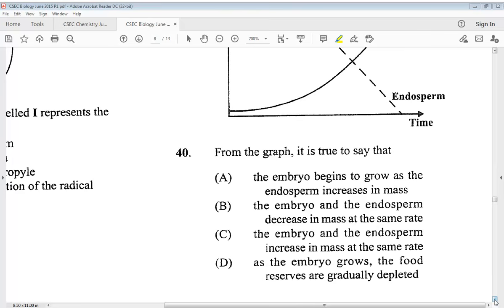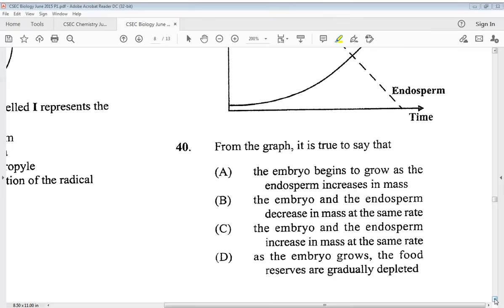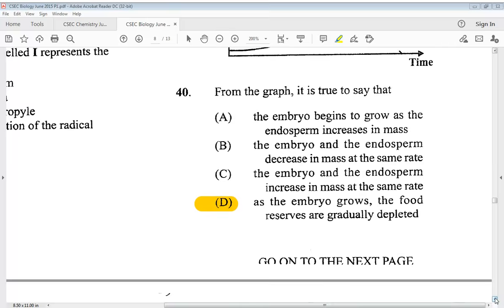B, the embryo and the endosperm decrease in mass at the same rate. C, the embryo and the endosperm increase in mass at the same rate. Or D, as the embryo grows, the food reserves are gradually depleted. That would be your answer, D. Let's move on to 41.